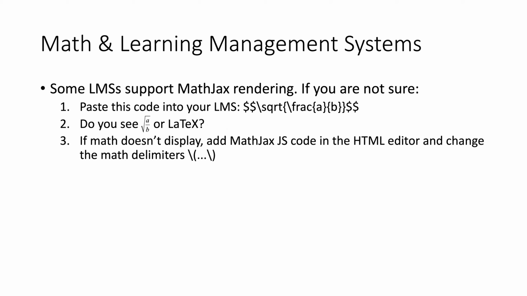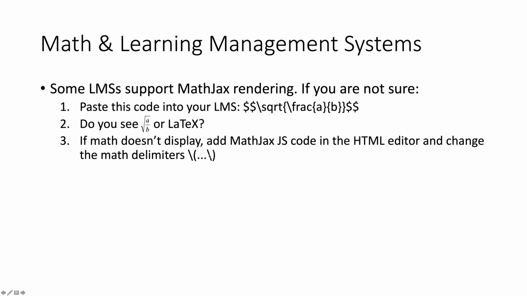So you don't have to do anything after that point except put the math in. There's a couple of things you have to do, but nothing major. If you copy this piece of code, put it in your LMS, and get A over B, there's no excuse for you ever not to have accessible math in your LMS because it's automatic. There's nothing you're going to have to do.